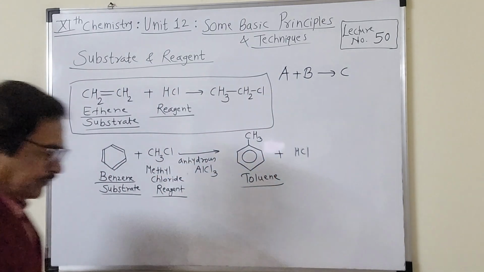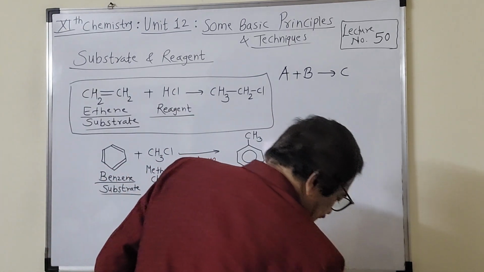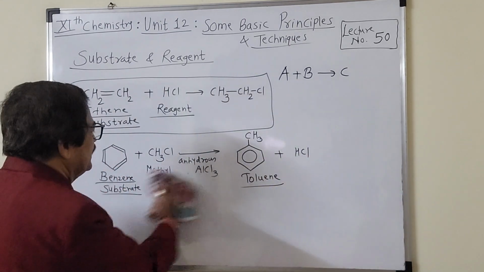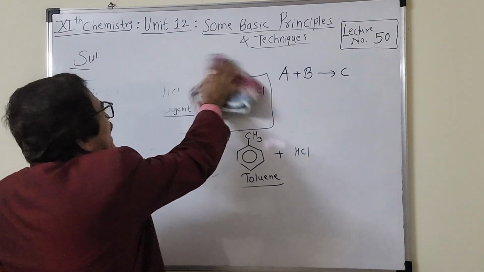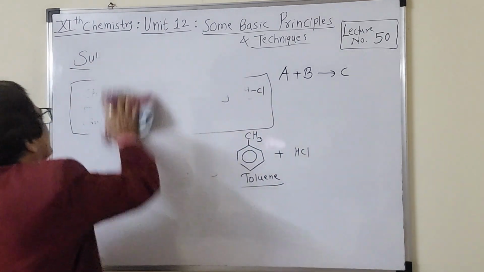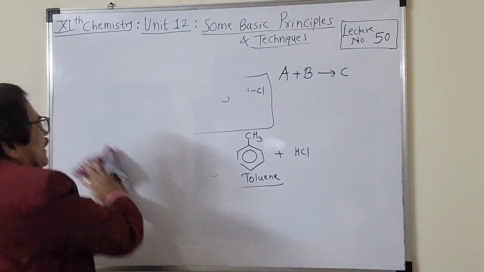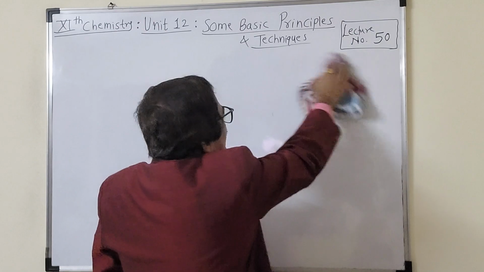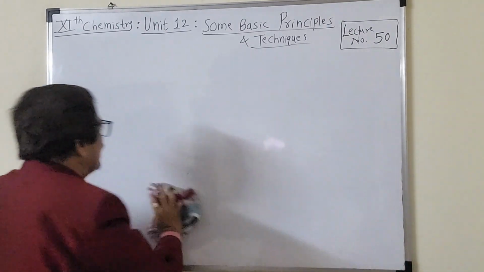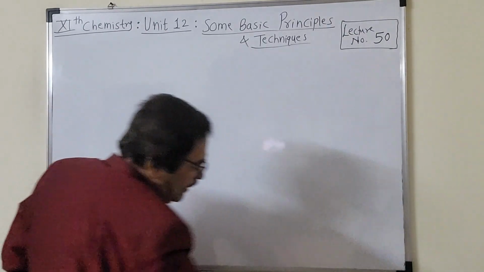Okay, now the next thing which we have to learn here is the types of reagent, which is very, very important. There are two types of reagent in the organic chemistry reaction we are watching, and they are very important fundamental part. Remember, one is called as nucleophile, other is called as electrophile.